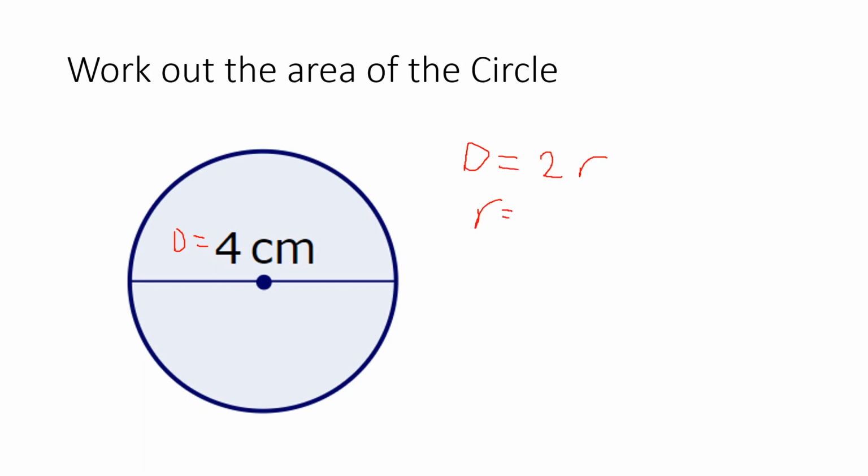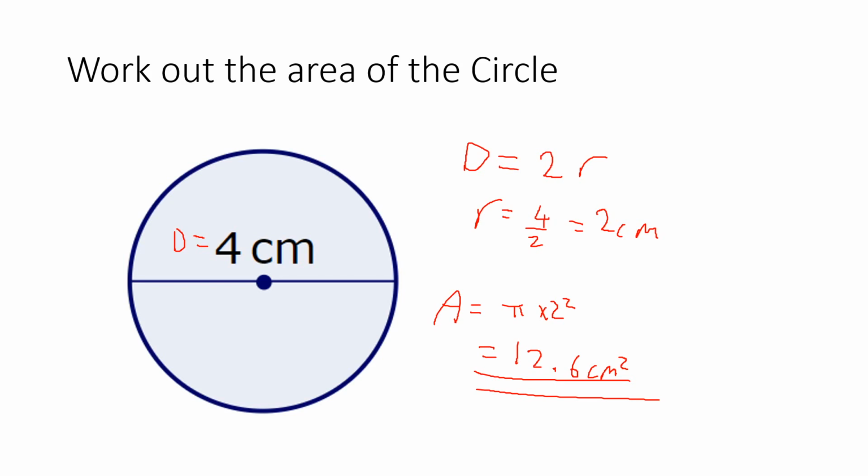So the radius is equal to 4 divided by 2, which is 2 centimeters. Yeah? Just all we're going to do is halve it. Now, the area is equal to pi times 2 squared, which is simply going to be equal to 12.6 centimeters squared.